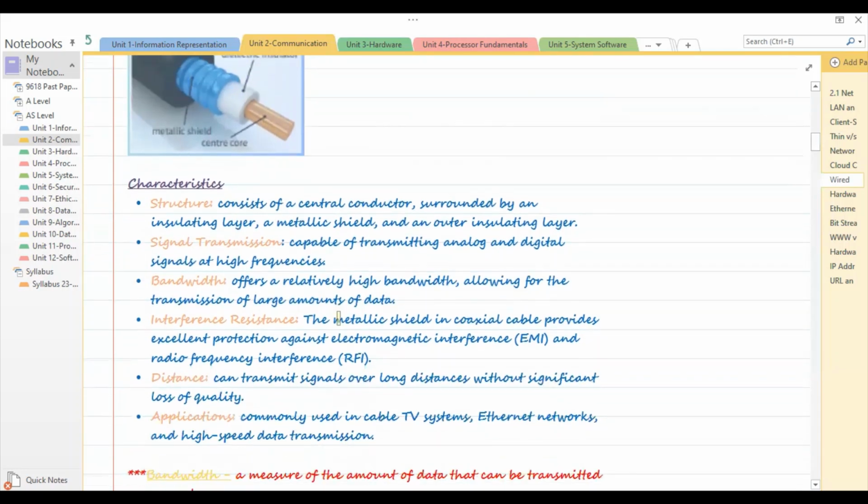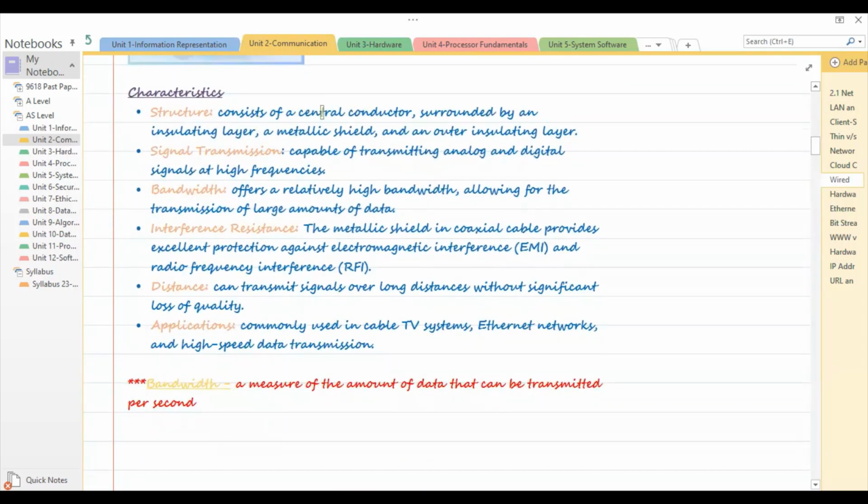Characteristics: it consists of a central conductor, which is made up of copper, surrounded by an insulating layer, a metallic shield, and an outer insulating layer, right? Normally, this insulating layer is a black colored plastic jacket. This metallic shield is copper mesh, and this is normally a white colored plastic outer coating around the central copper cable, right?